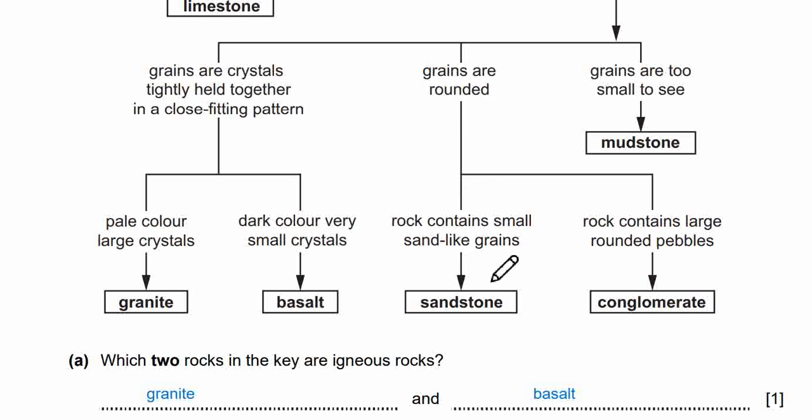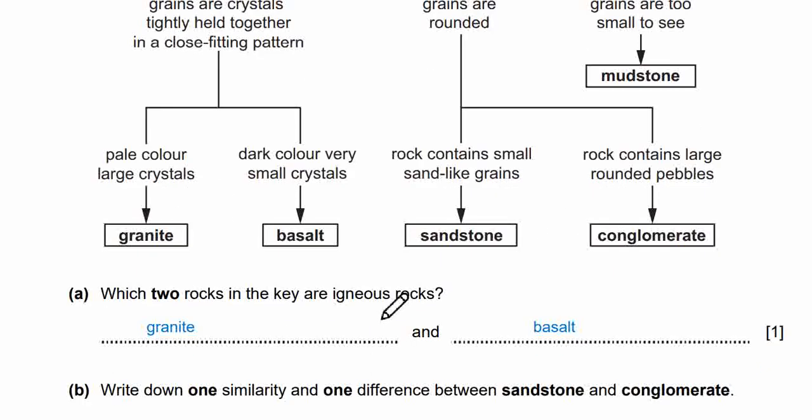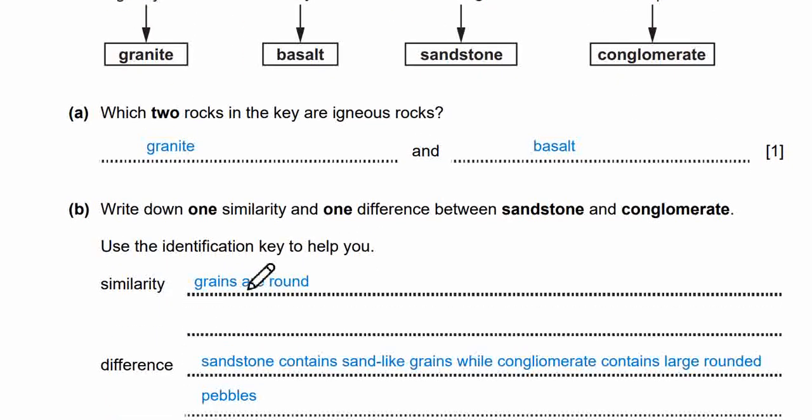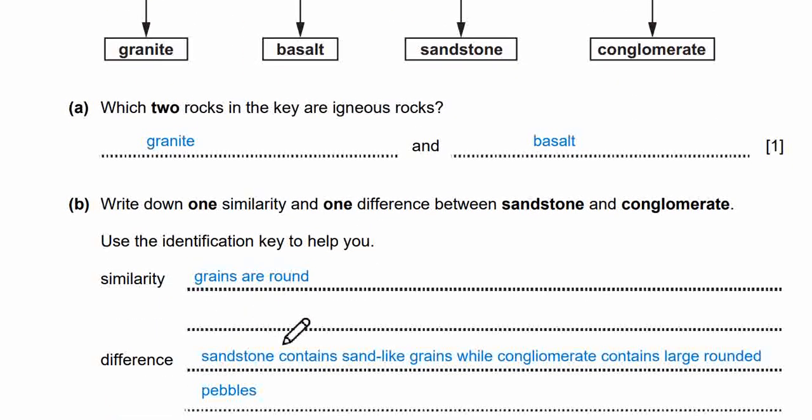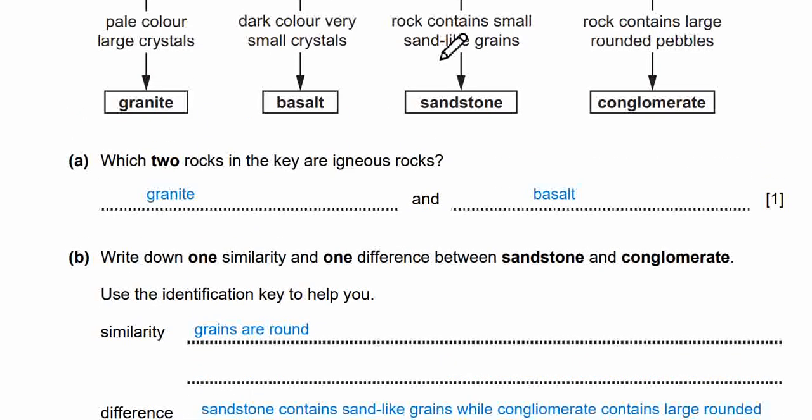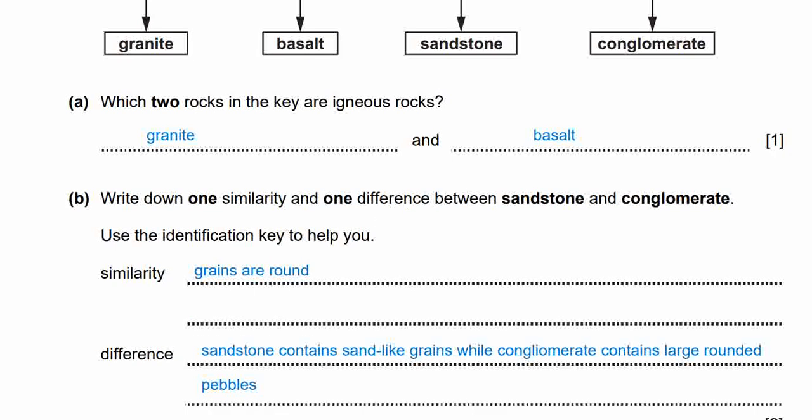The difference is sandstone contains small sand-like grains while conglomerate contains large rounded pebbles. So let's type down that answer. Similarity, grains are round. Difference, sandstone contains sand-like grains while conglomerate contains large rounded pebbles. Here we go. Next question.